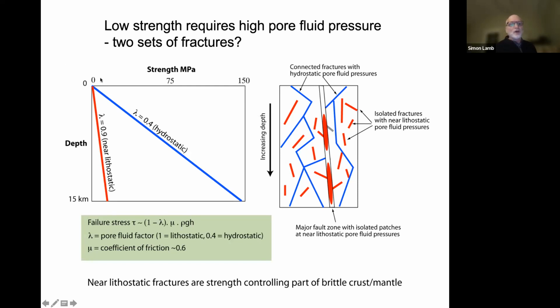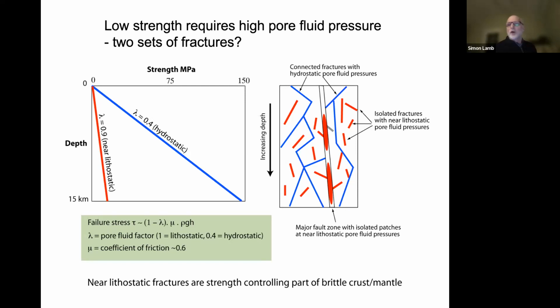So if you take the strength of a typical fault under hydrostatic conditions, assuming a typical dry coefficient of friction, the Byerlee value of about 0.6, then when you get down to the base of the seismogenic zone at about 15 kilometers, the stresses needed to get that fault to move are about 150 megapascals.